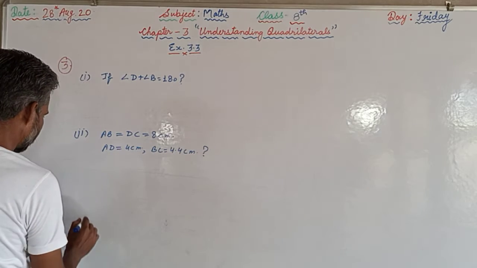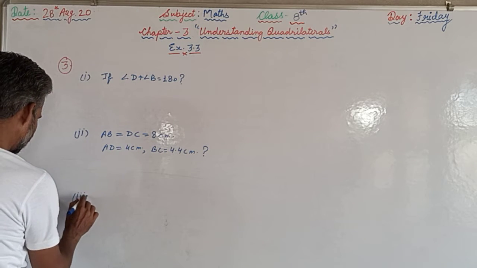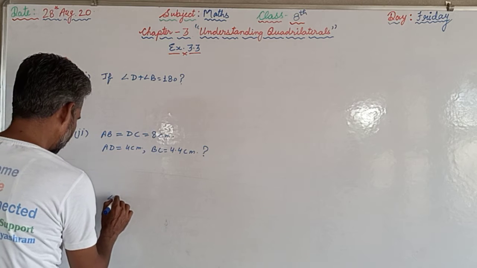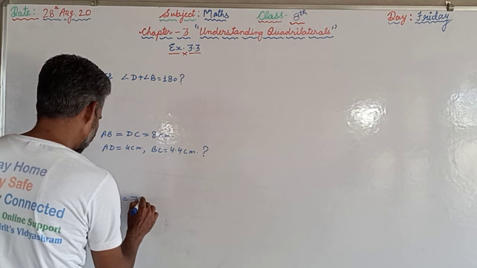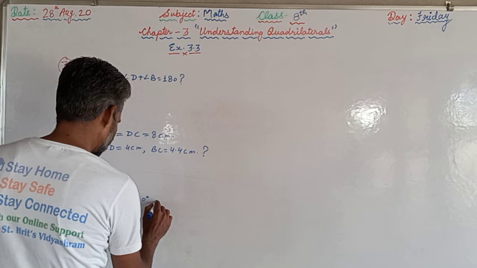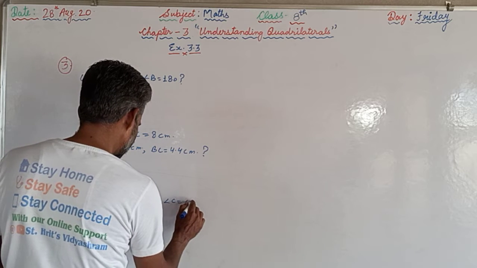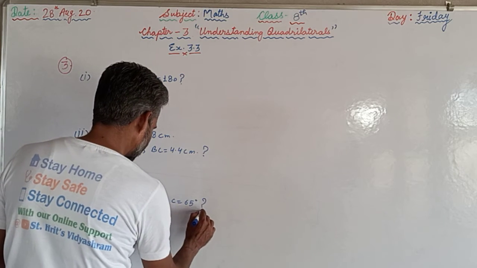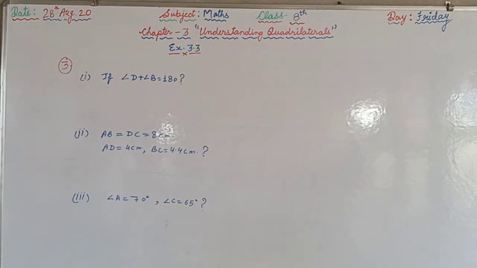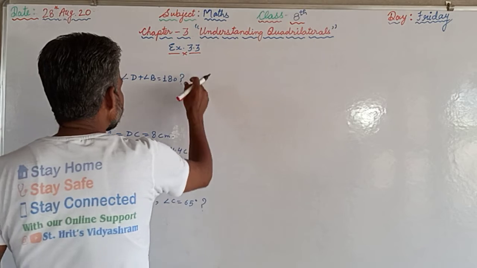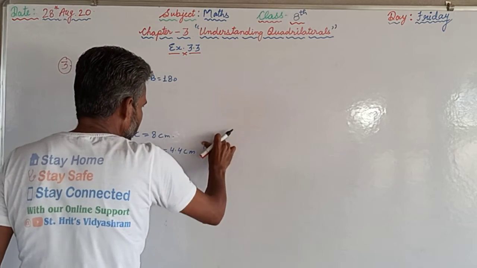The third case is angle A is equal to 70 degrees and angle C is equal to 65 degrees. So we are supposed to find whether this will be a quadrilateral or a parallelogram or not.